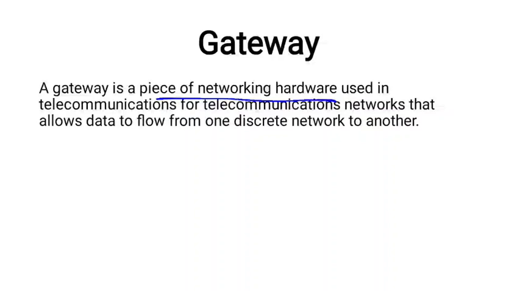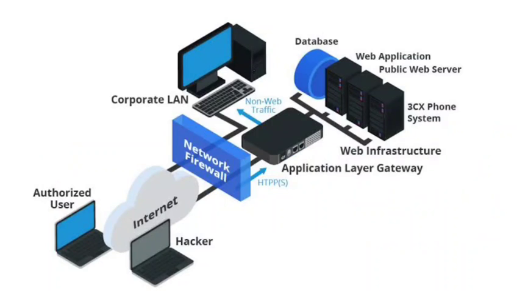So it helps to connect multiple connections. For example, some users are always using a digital signal, so the gateway provides the digital signal, and some users provide an analog signal. So these two different types of signals are connected with the help of the gateway. Okay, now this is a gateway.